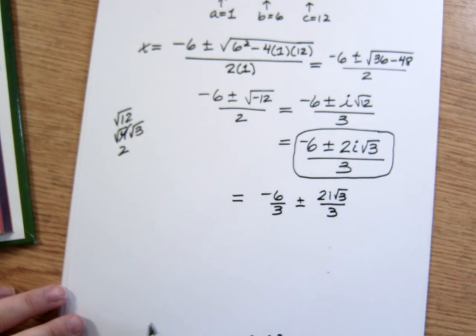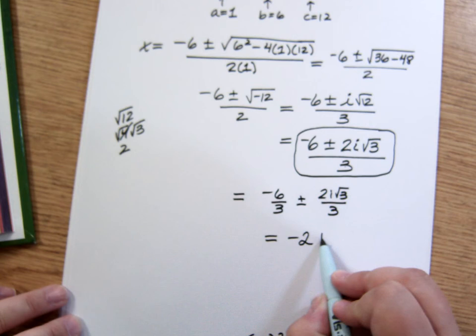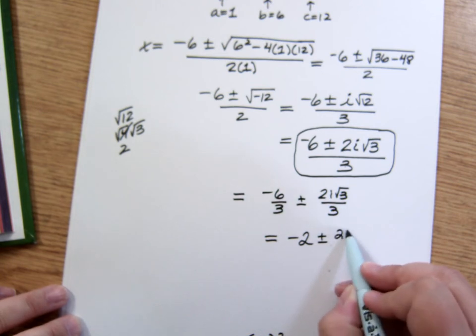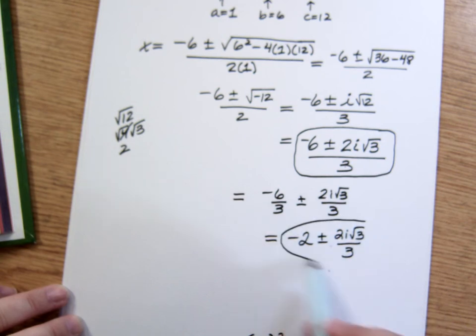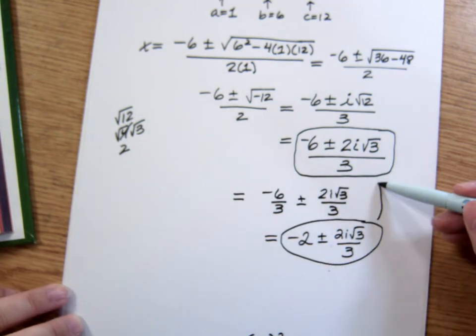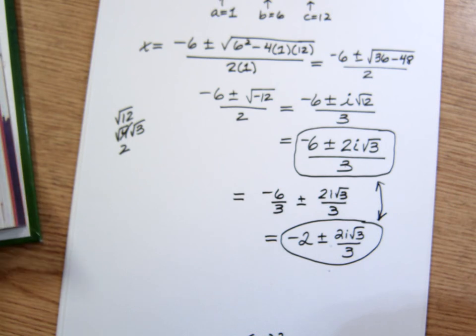Now this actually can be simplified because 6 over 3 is 2. So I could do this. This is the same thing as this. Those are the same answer, just written in 2 different ways. So it's a matter of which one is in the answer choices as far as which one I am going to pick. And that's using the quadratic formula.